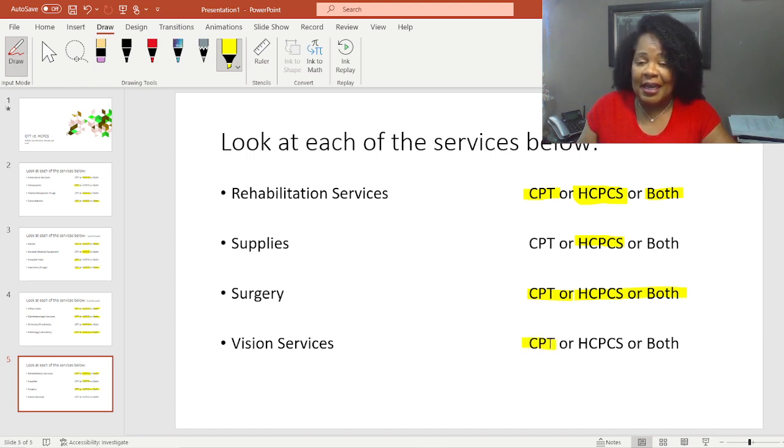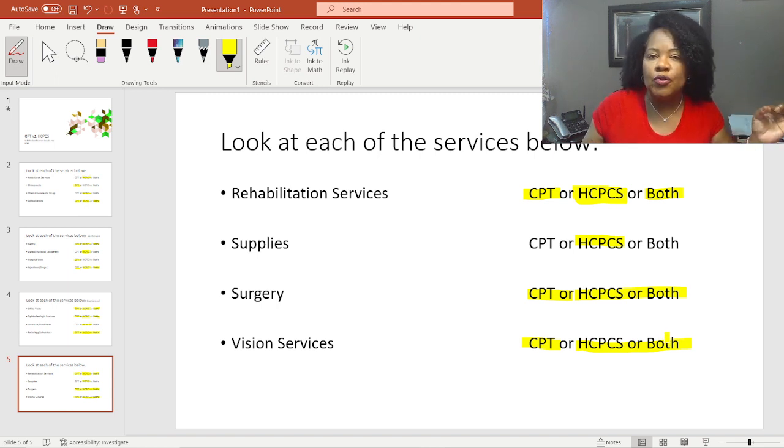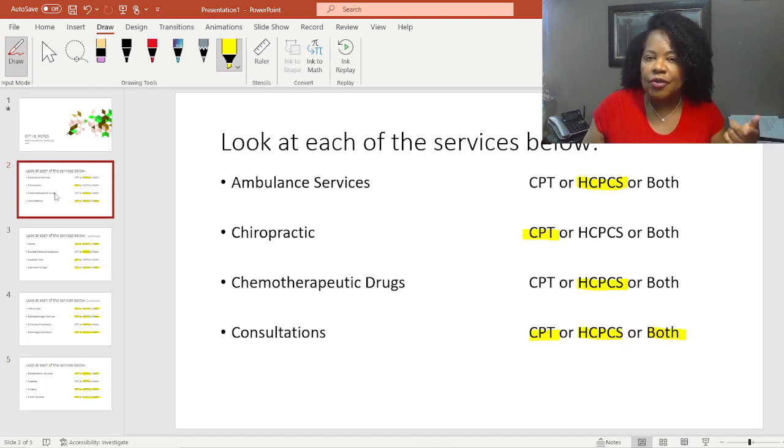That could be both. Is it a licensed MD doing your corrective vision services, or are you there for glasses, the HCPCS? So this can be both. So again, guys, I'm asking you, how do you know which classification to use when? Look at who's rendering the services to determine which provider you would code for.